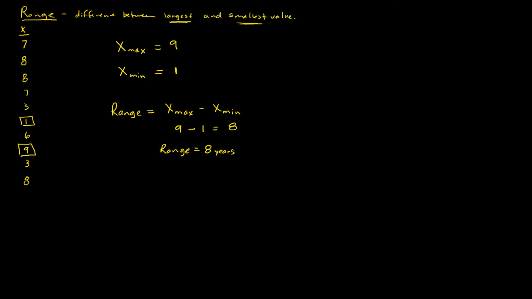And if one of the scores that we're using, either the X max or the X min, is an outlier, just a really extreme score, either extreme above or extreme below that point of central tendency, then it's going to drastically affect the range.